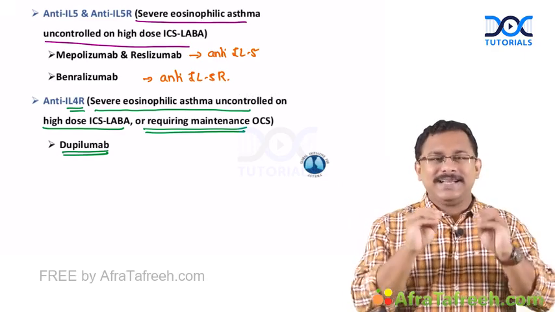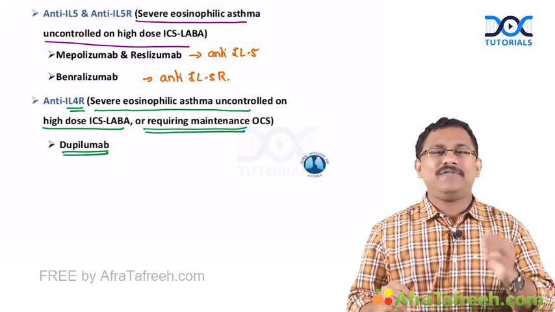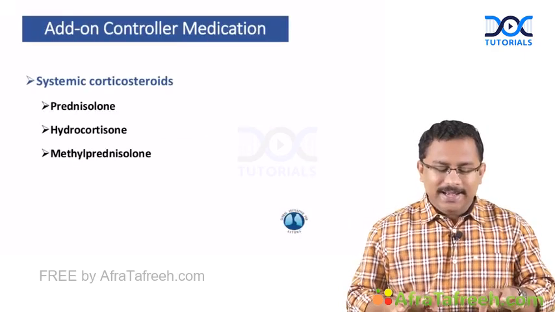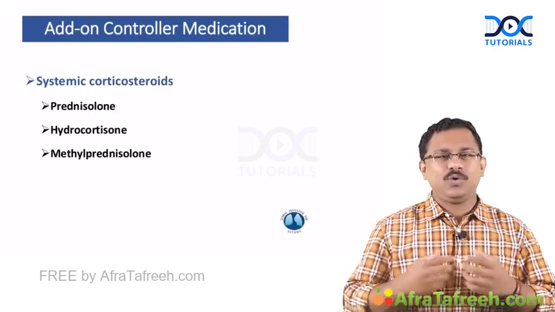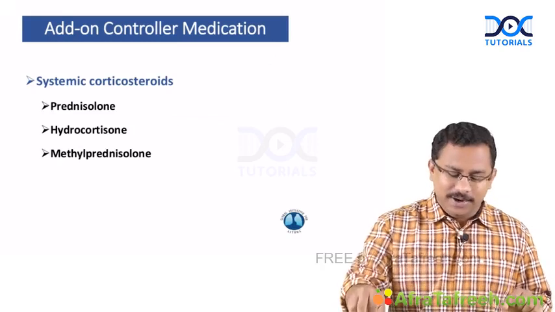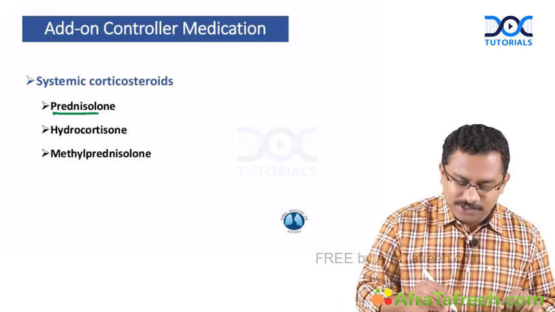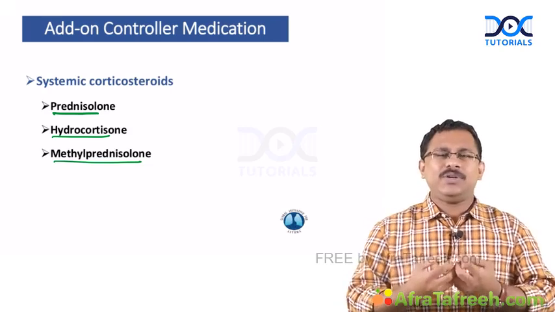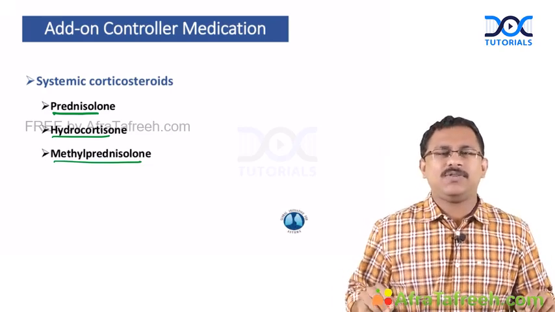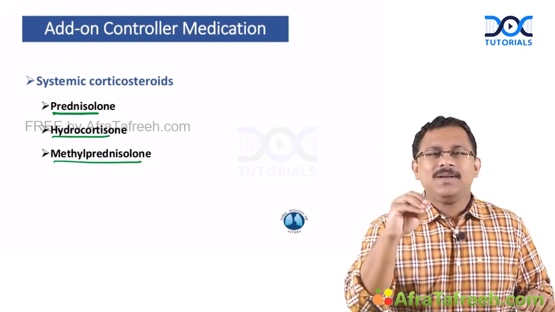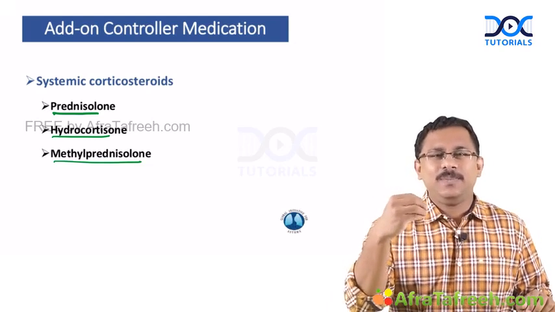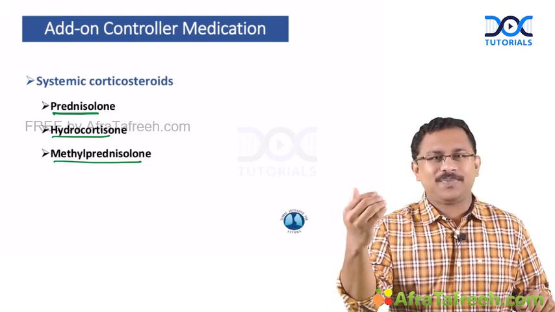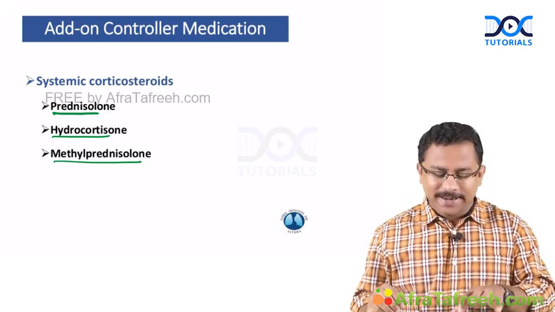So the point is, in such individuals, you can again think of this option. Then as add-on controller medications, I told you, you can go for systemic steroids, prednisolone, hydrocortisone or methylprednisolone. So you can give the patient oral corticosteroids for bronchial asthma, but that is only given in patients who have severe asthma. These are add-on controller medications.